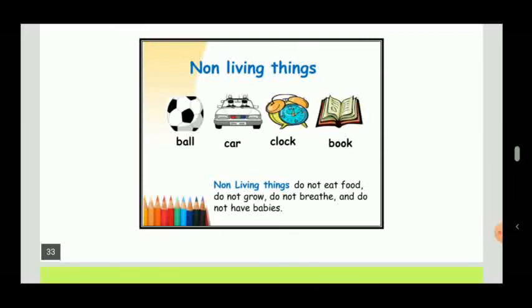Non-living things can be made by man and also natural. So all living things are natural, and non-living things can be natural or man-made.